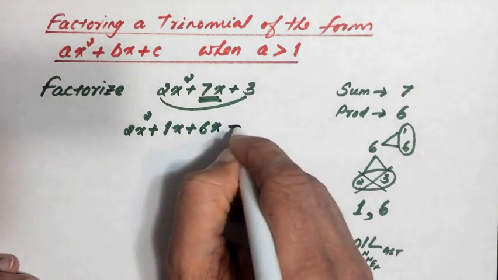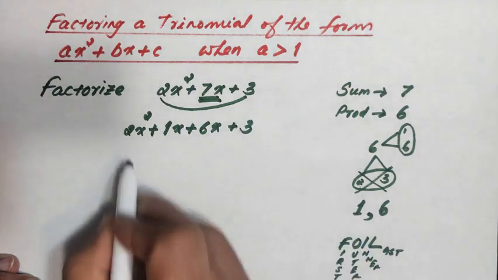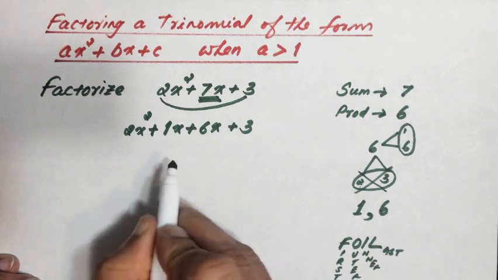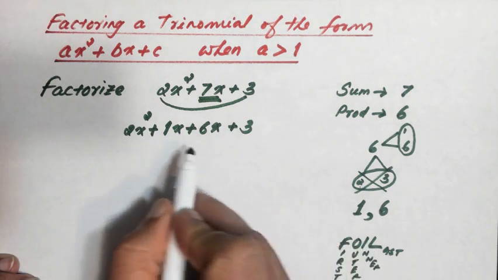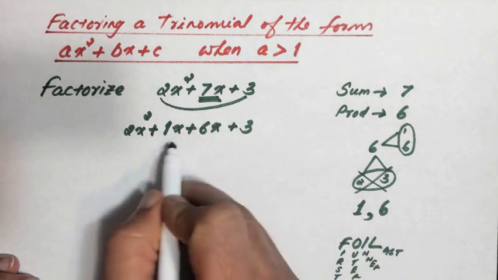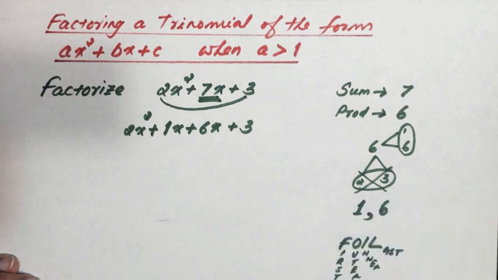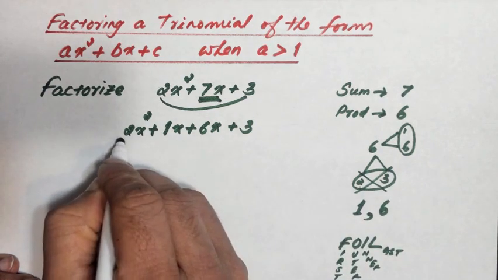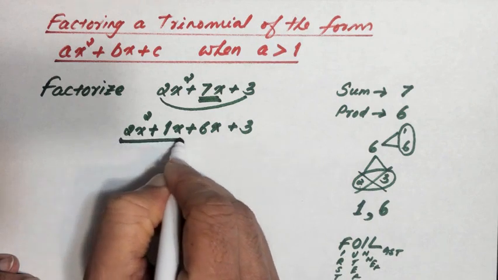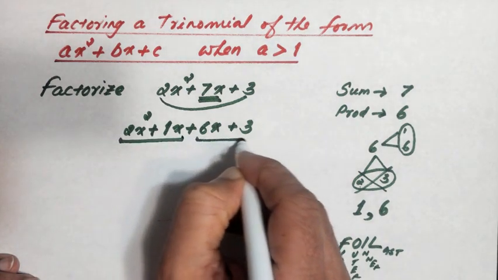Then bring that 3 down. This is the rewritten expression with the middle term broken into two values, using the two values we already found. Now you need to group and factor. You need to group the first two and the last two.